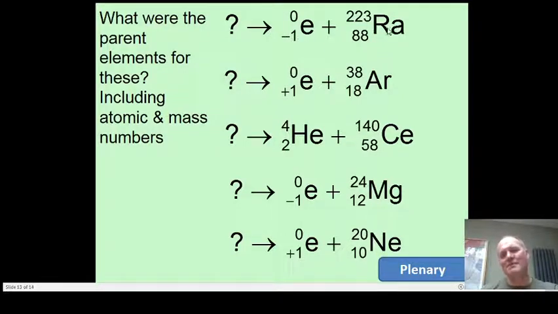Beta minus, radium, positrons, alpha particles. These are the products, the daughter product and the emission. What was the starting point? What was the parent for those? See if you can work those out, pause the video, and then all will be revealed.